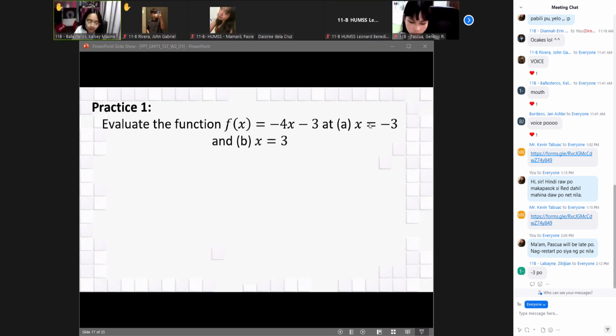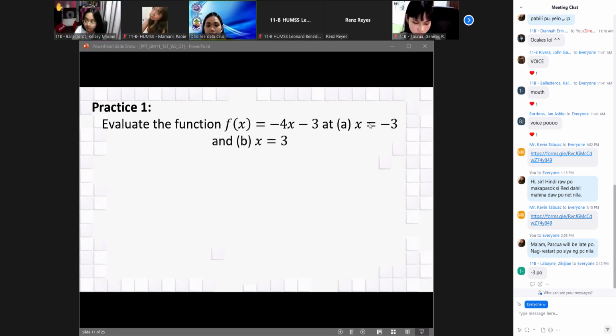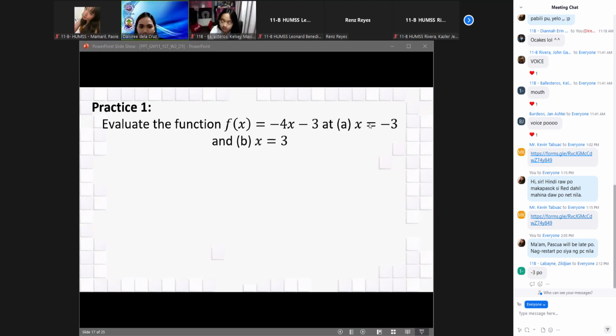Letter A po, positive 9. Tapos sa letter B po, negative 15. How about you, Gab? Ma'am, same with Kelsey's answer po. Positive 9 and negative 15.